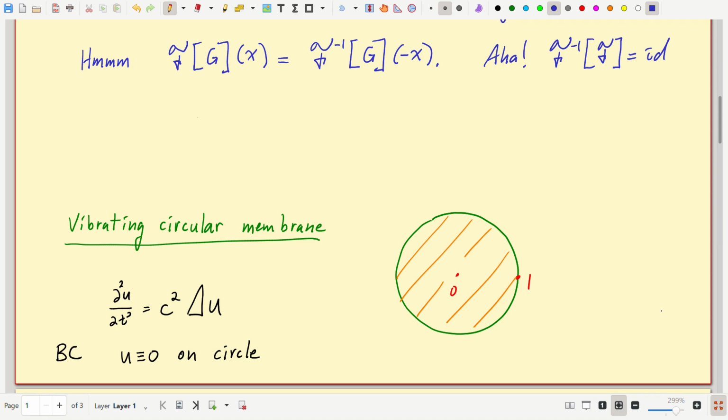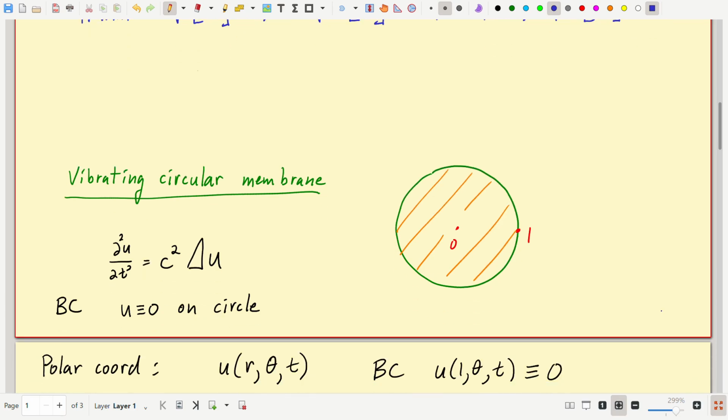Then the wave equation is a valid modeling of that behavior, and u is the displacement of the membrane from flat. So it's a measure in the direction perpendicular to the plane.